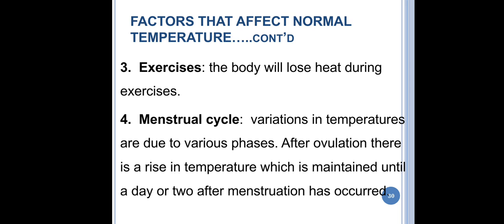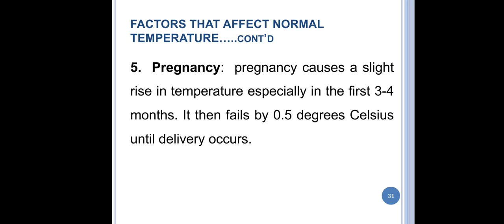So all these are factors that affect temperature that we should be aware of. Even pregnancy causes a slight change in temperature, especially when the woman is in her 3rd to 4th month, and then it falls until delivery occurs.